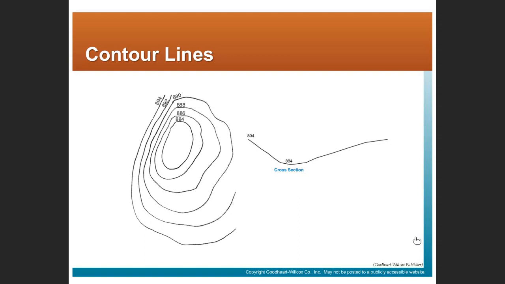Right? So again, this is figure 8.6 in the textbook. We see the elevation of the contour lines diminishing, right? 894, 892, 890.